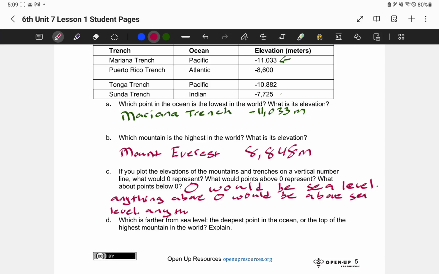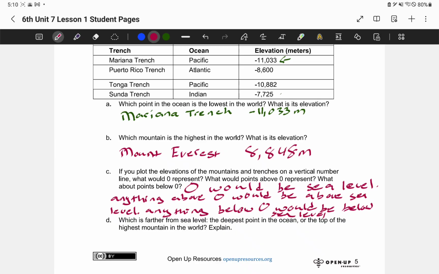Anything below 0 would be below sea level.